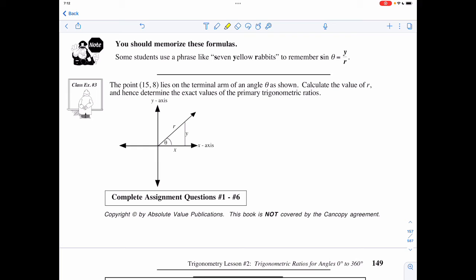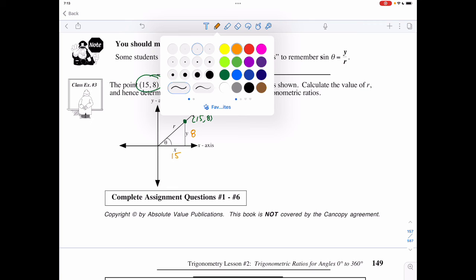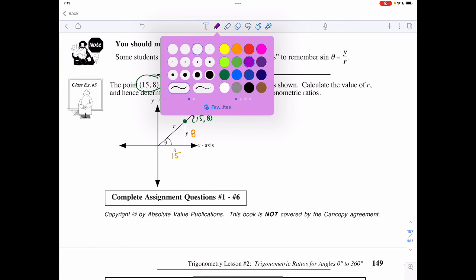So, if it gives us an example where I have the point 15 and 8 lies on the terminal arm, I know that the first coordinate represents my x, the second coordinate represents my y, and I still, like we did in the previous examples, have to solve for my r.